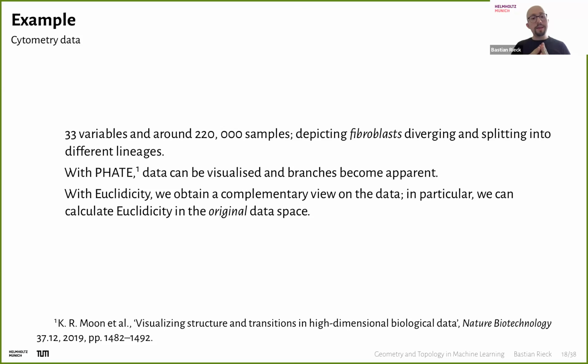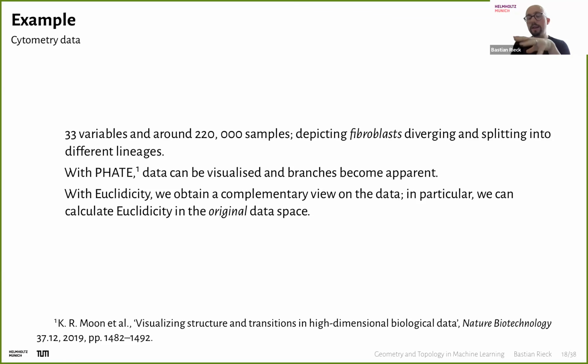Now, the important thing is that we already know that this data set, according to biological knowledge, needs to contain and depict certain branches in the data because the cells need to split up and go into different things, right? And with our method, which we call Euclidicity, because it measures the deviation from Euclidean space, we obtain a nice complementary view on the data.